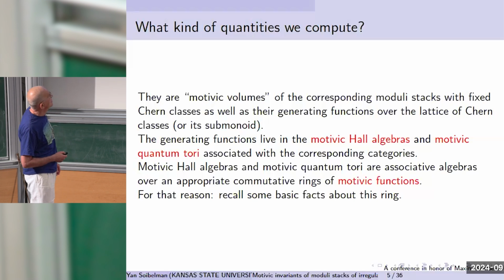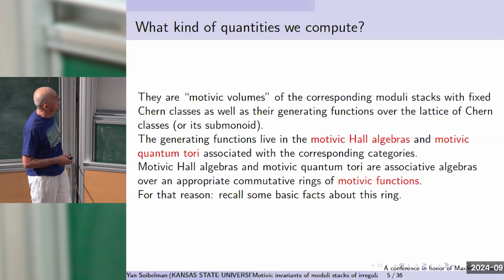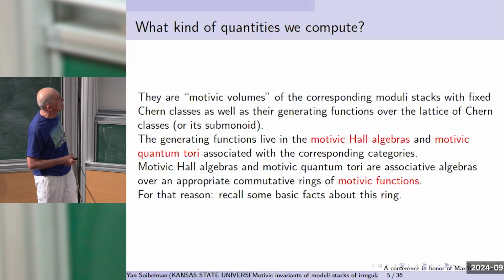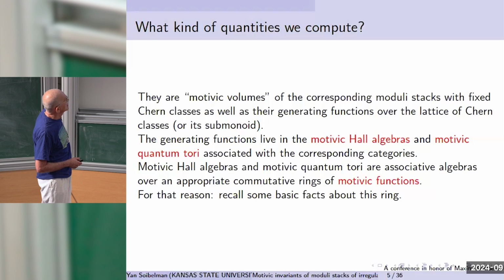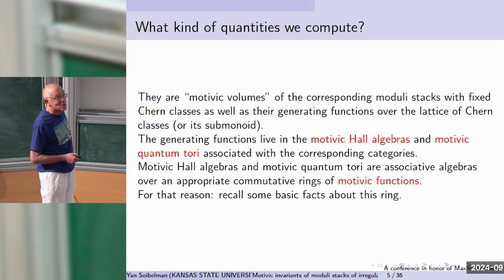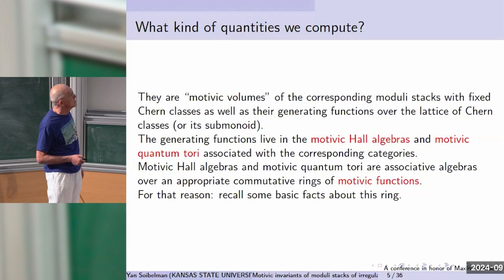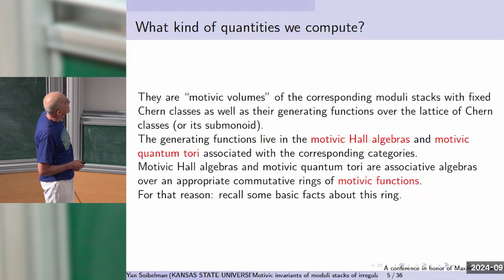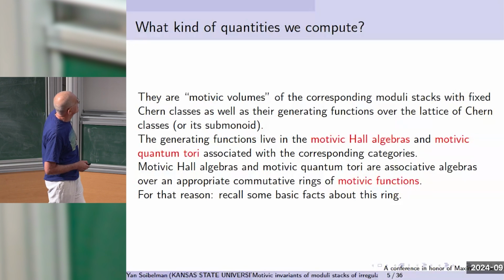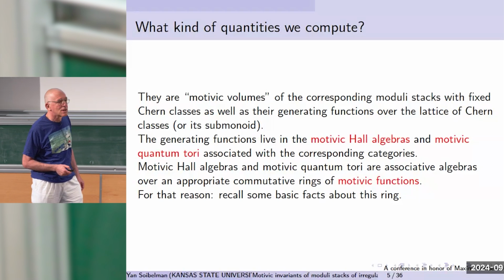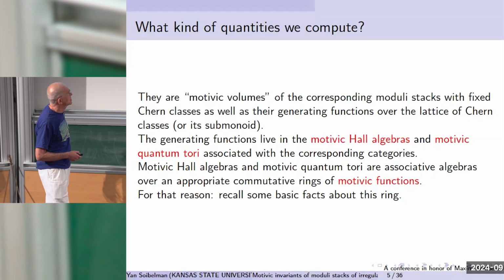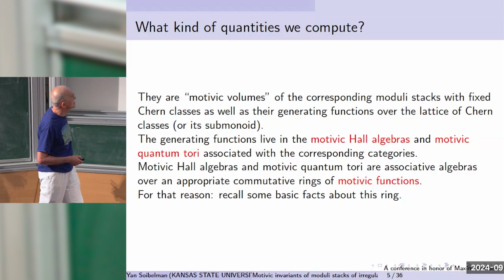These generating functions live in the motivic Hall algebras, which I will recall briefly later, and also in the motivic quantum tori of the corresponding categories, like the category of Higgs bundles. Both algebras, motivic Hall algebras and motivic quantum tori, are associative algebras over the ring of motivic functions.